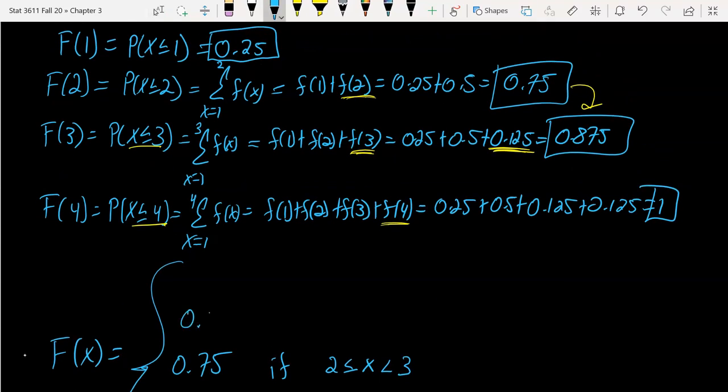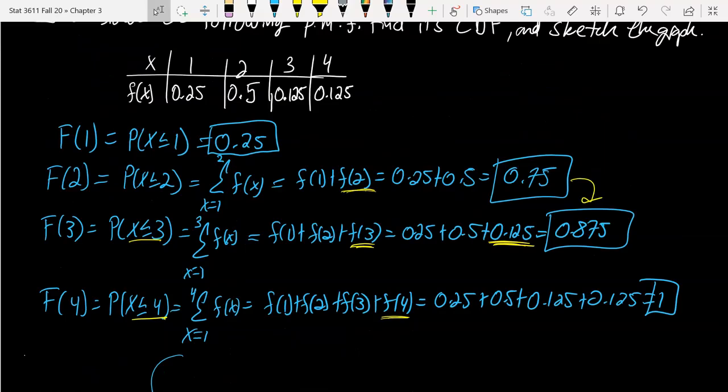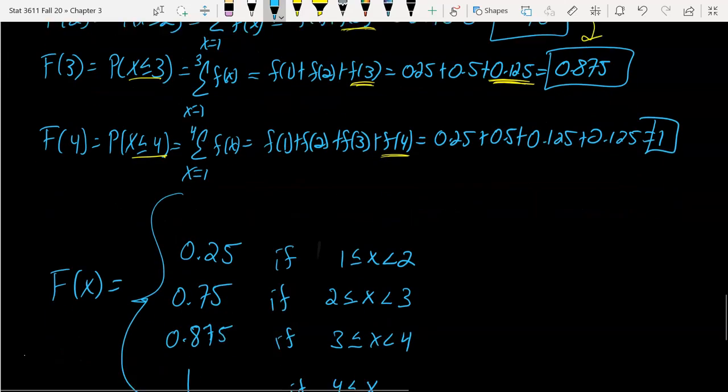Capital F of x is equal to 0.25 if x is at least 1, but smaller than 2. You don't get this 0.25 probability unless you get that 1. And then what about the rest of the function?